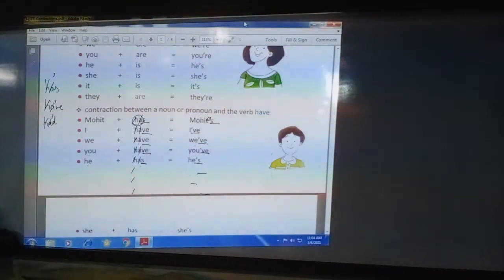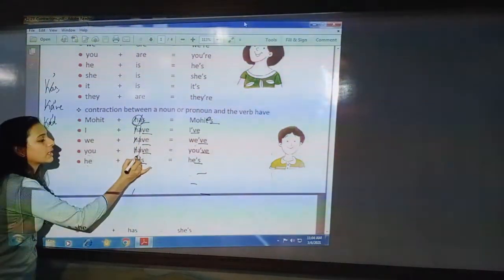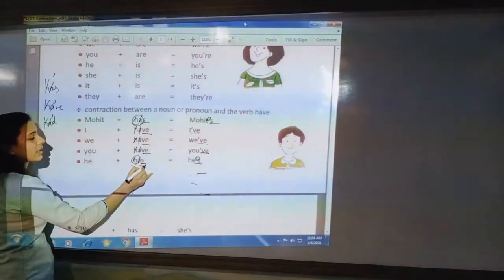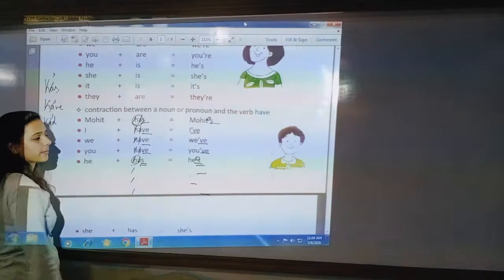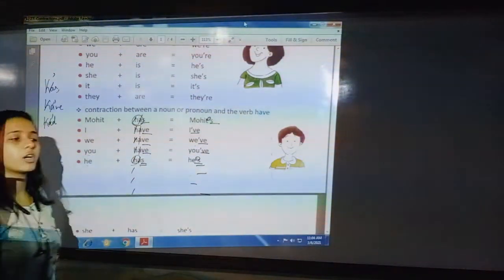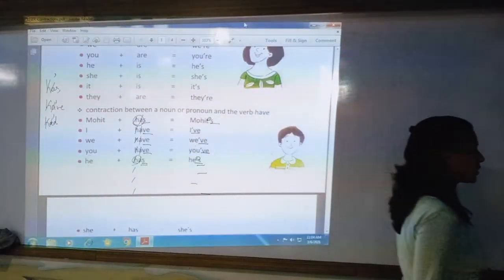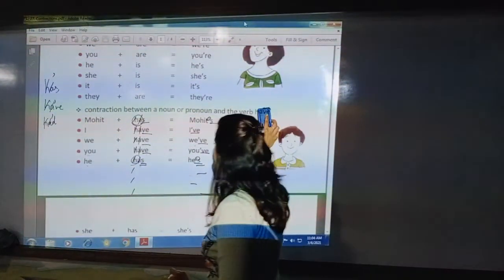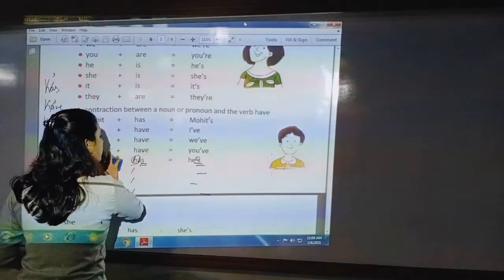So in this way, at the eliminated letters place, we will put apostrophe and last letter will be written as it is. This is the formula of doing contraction when the helping verb has, have, had is given to you. Let us see some more examples now.